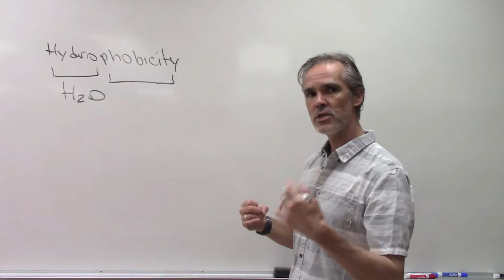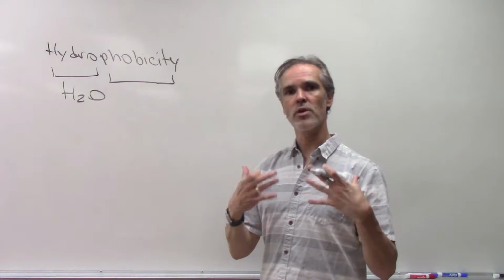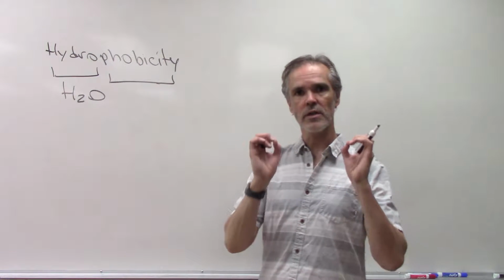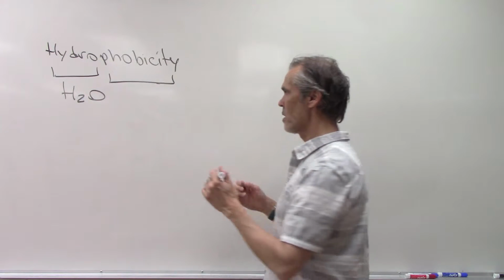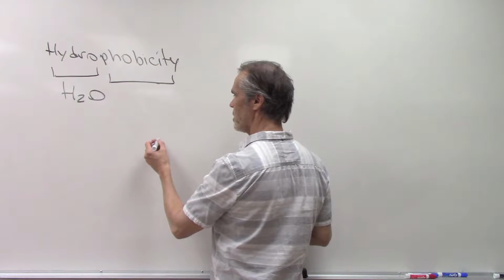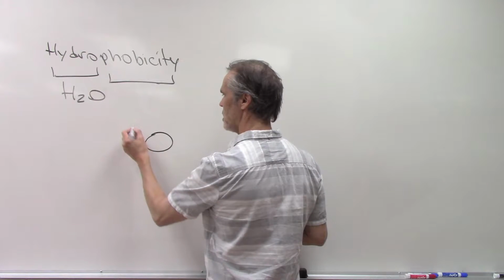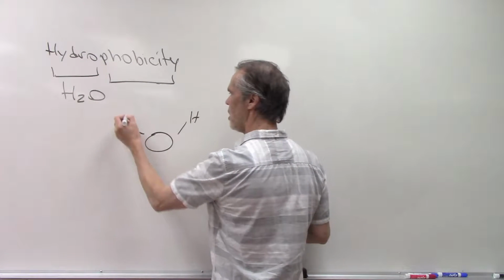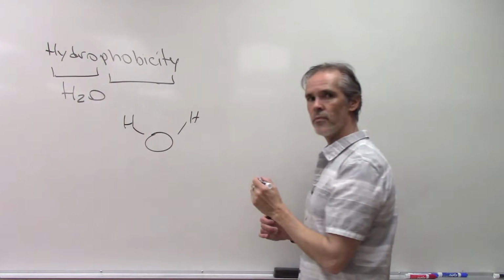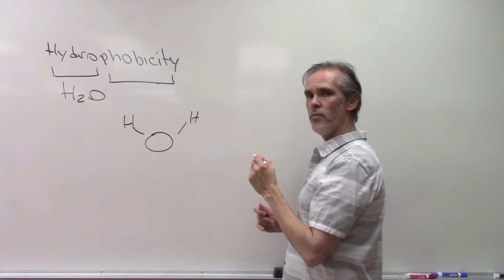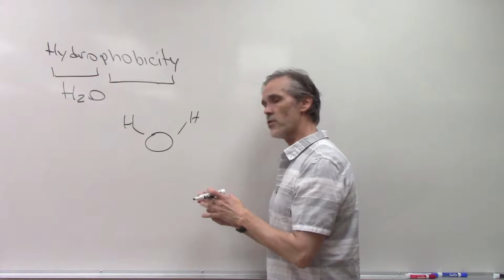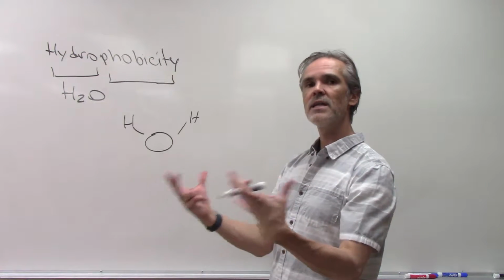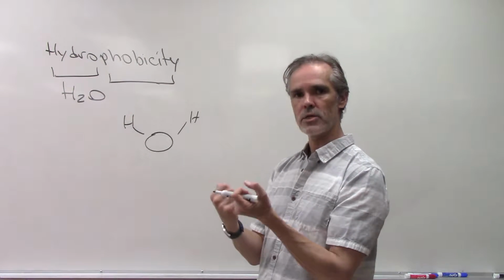Now, before I get into this, I want to bring back the notion of this very special small molecule that is known as water. When we look at water, we know that there is an oxygen and two hydrogen atoms. The other thing that we know is that oxygen has a tendency to pull on the electrons.